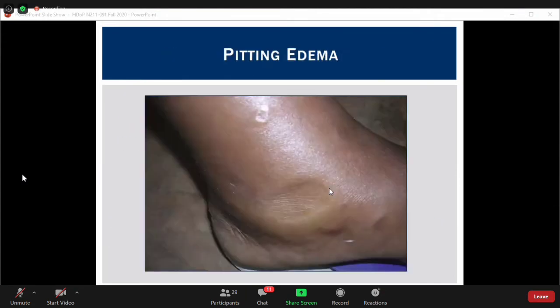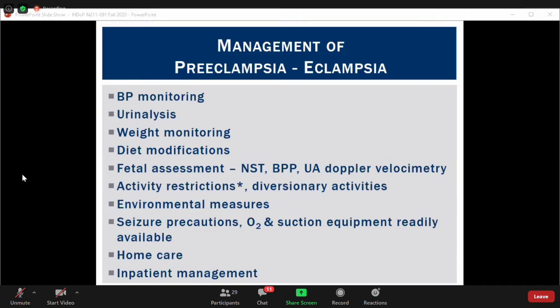You might think, well, if we draw it into the vascular space, it's only going to increase her blood pressure. But what you really want is to get it into the vascular space and circulating so that it can perfuse the kidneys and be excreted.